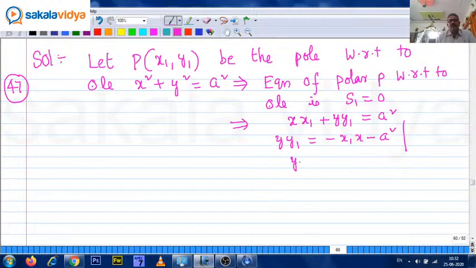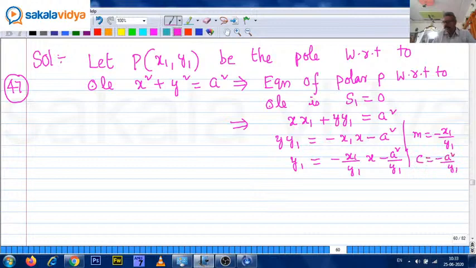So this can be written y equals minus x1 upon y1 times x minus a square upon y1. That means here slope m is equal to minus x1 upon y1. The constant term is minus a square upon y1. This is the first part. Two or three questions may come.